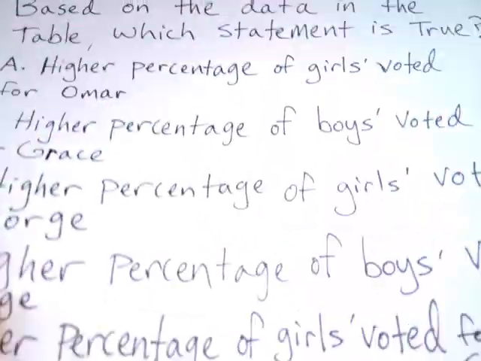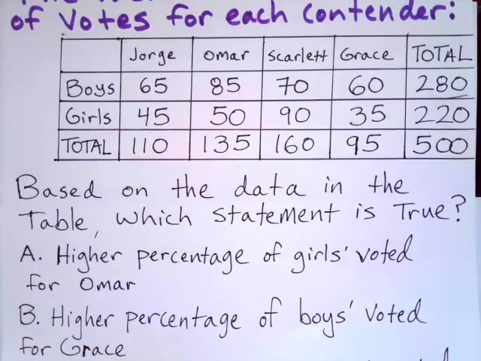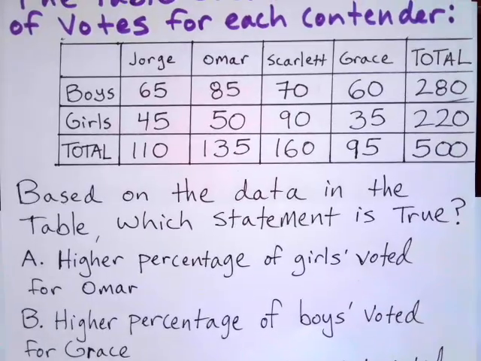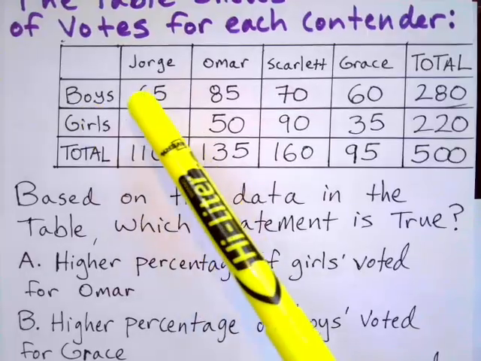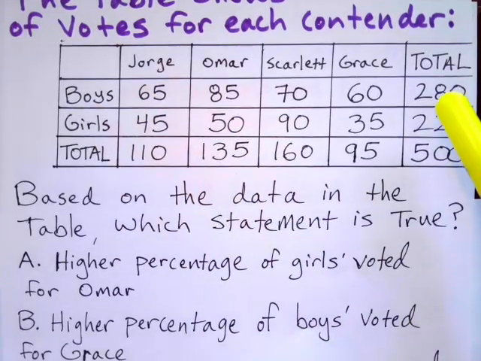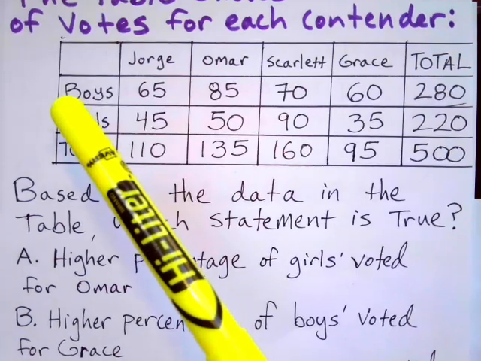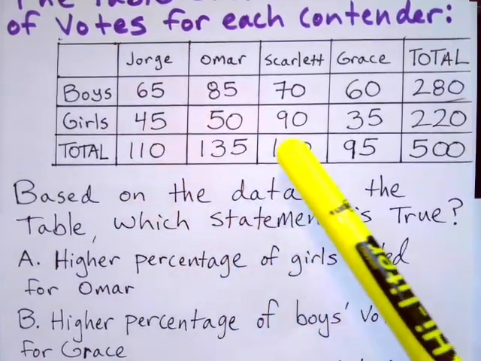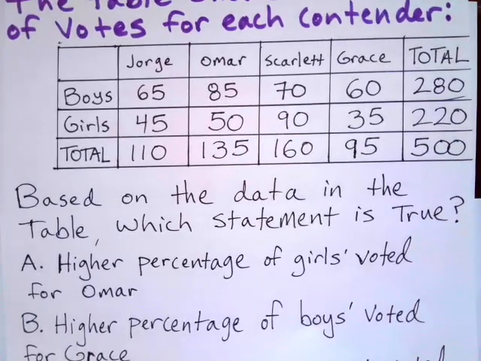In case you forgot, I'm going to show you a quick look so you don't have to go back to part one. This is the data that we're using. So we talk about Jorge. How many votes did Jorge get from the boys? Well, he got 65 out of 280. That will be my ratio fraction. How many votes did Jorge get from the girls? Well, he got 45 out of a total number of 220 votes.